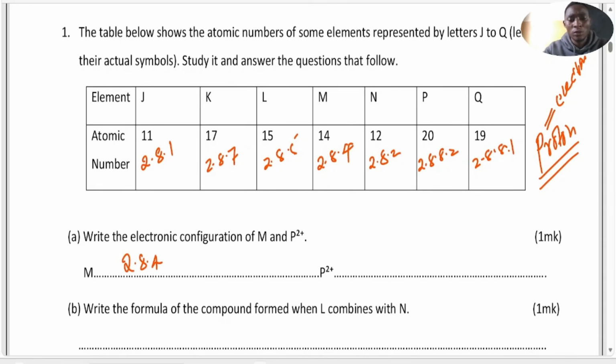For the electron configuration of the ion of P, we need to understand that P forms an ion by losing the 2 outermost electrons. So when it loses the 2 outermost electrons, we are going to have a configuration which is 2, 8, 8. And this gives you a mark, to be in a position to score 1 mark.